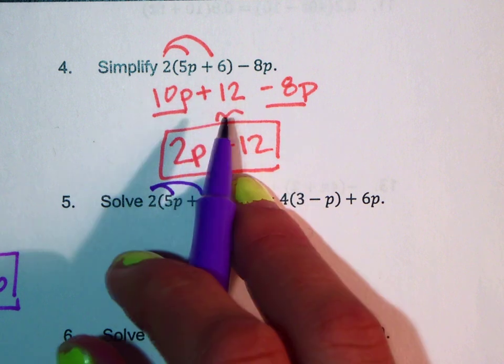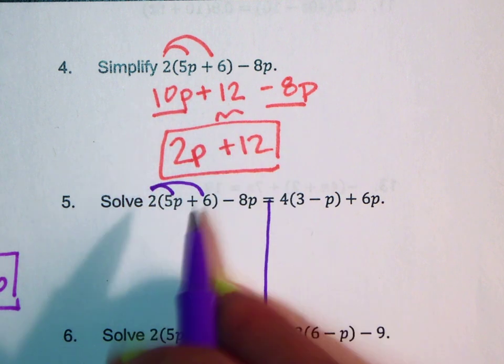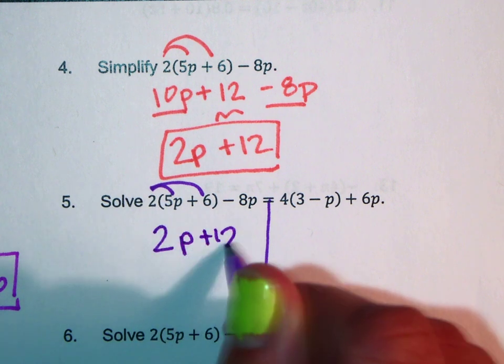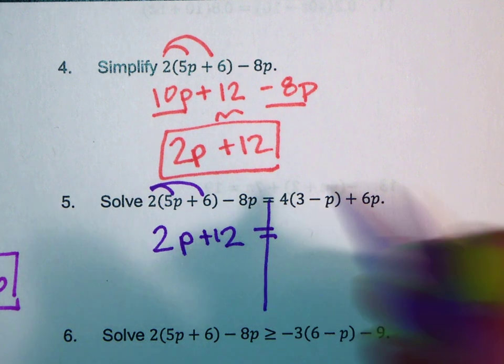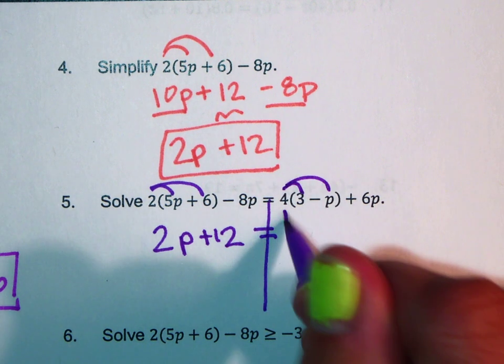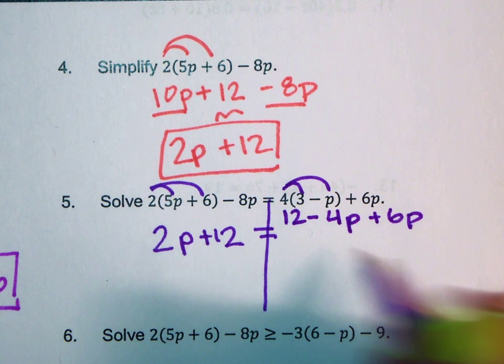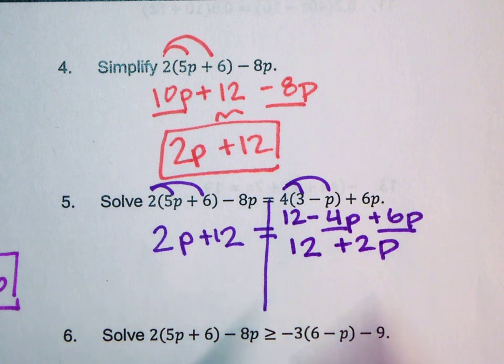So don't add in equal signs when you're simplifying. Simplifying is just distributing and combining. So this whole side is going to end up being 2p plus 12. We do need to simplify the right side as well, which means we're going to distribute, and I get 12 minus 4p plus 6p. Combine your p's, and you get 12 plus 2p.